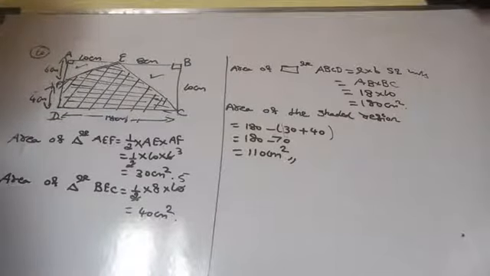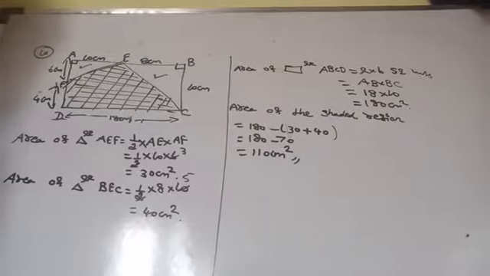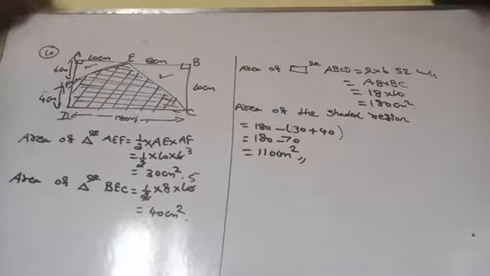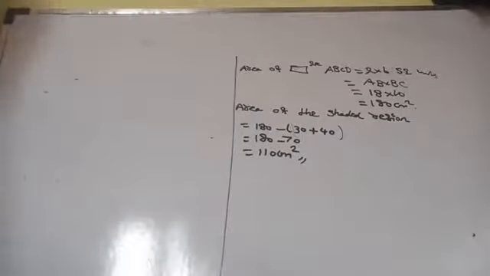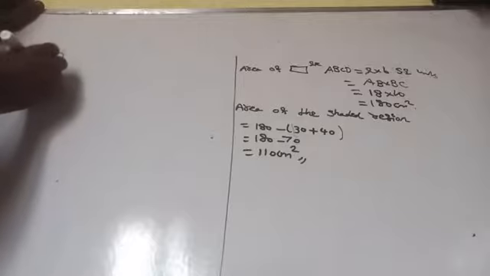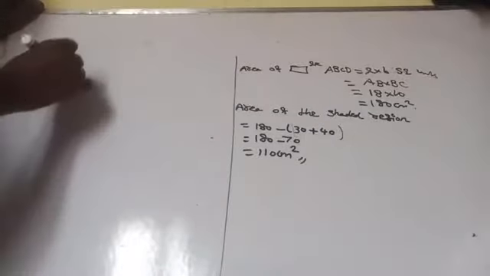Then look at the second question. It is given like a square. Tenth question, second part. That square is given.